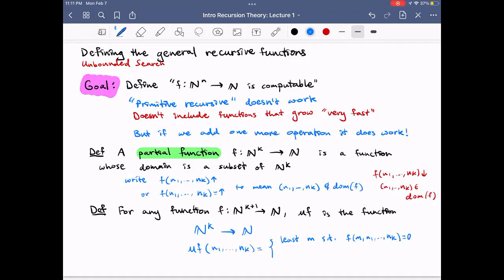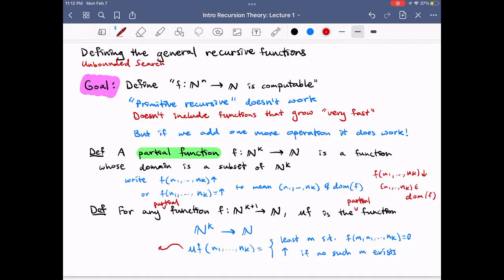But it's possible that no such m exists. If no such m exists, this function is not going to be defined. And so actually this is not really a function, but rather a partial function, and that's why I defined partial function. Likewise, we can actually let f, instead of just being a full-fledged function, also be a partial function.